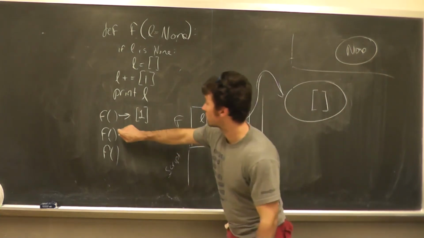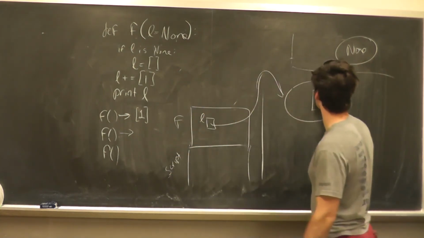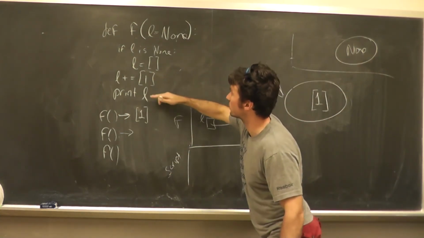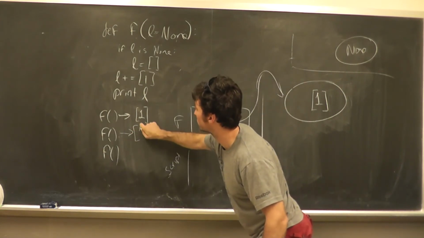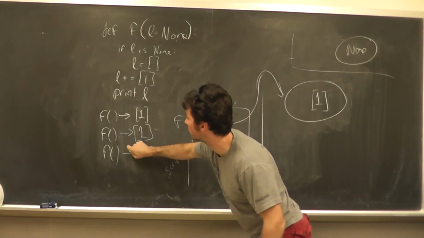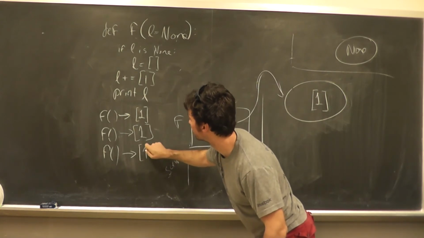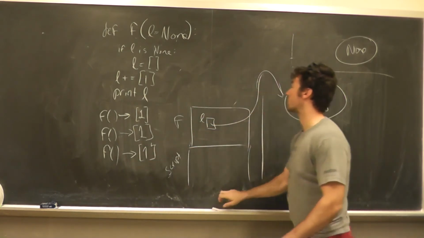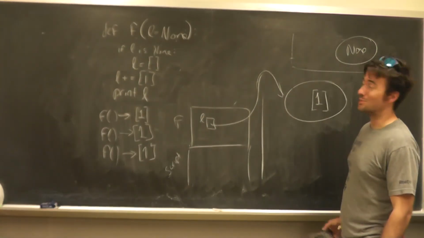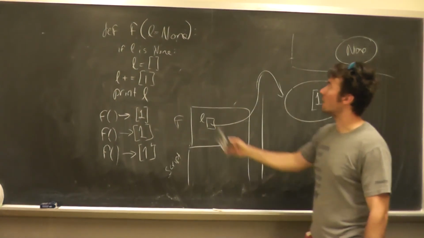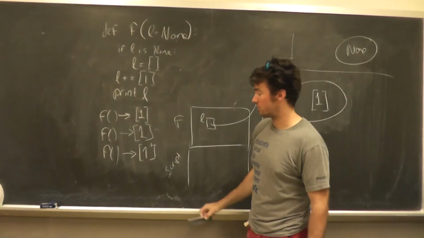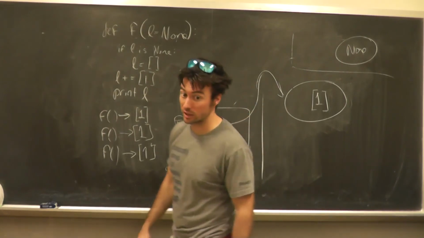And then the second time when we need to modify it, that's what happens here. And then when we print it, it's going to print just 1 again. So every time we call it, it is going to print 1. And that all stemmed from the fact that None is immutable. And this thing on the right here gets evaluated only once, and that's why it works the way it does.